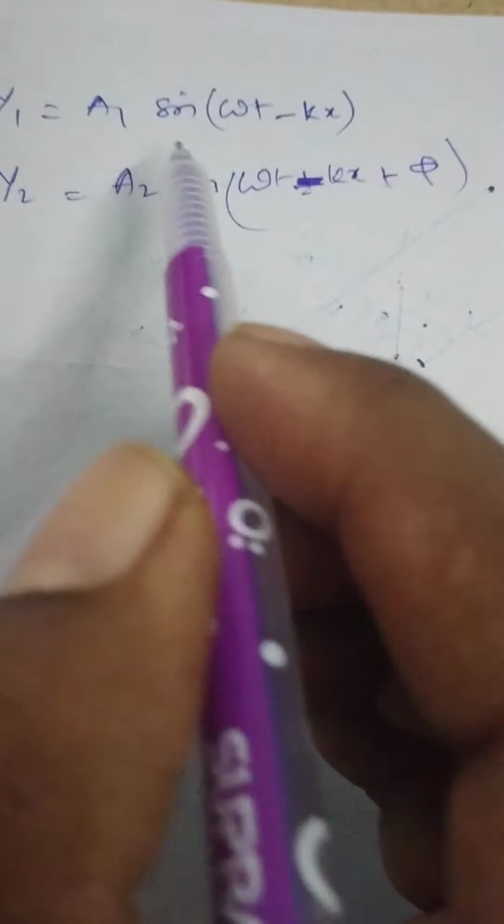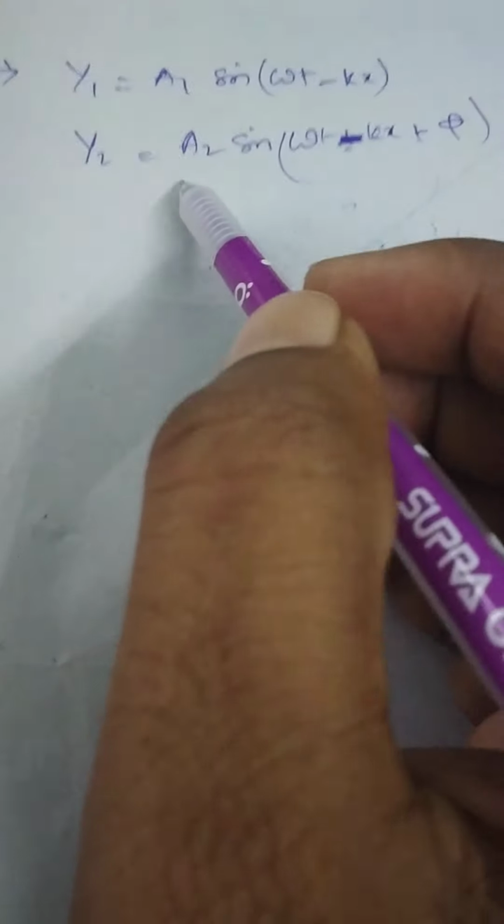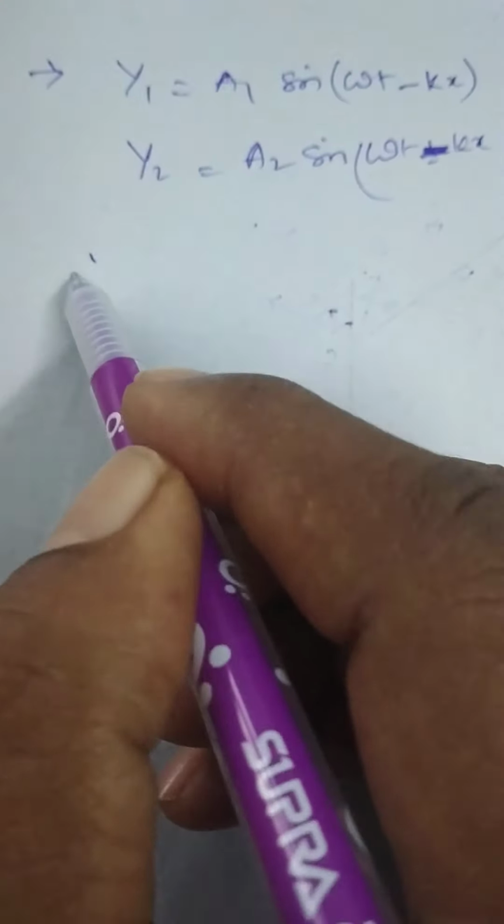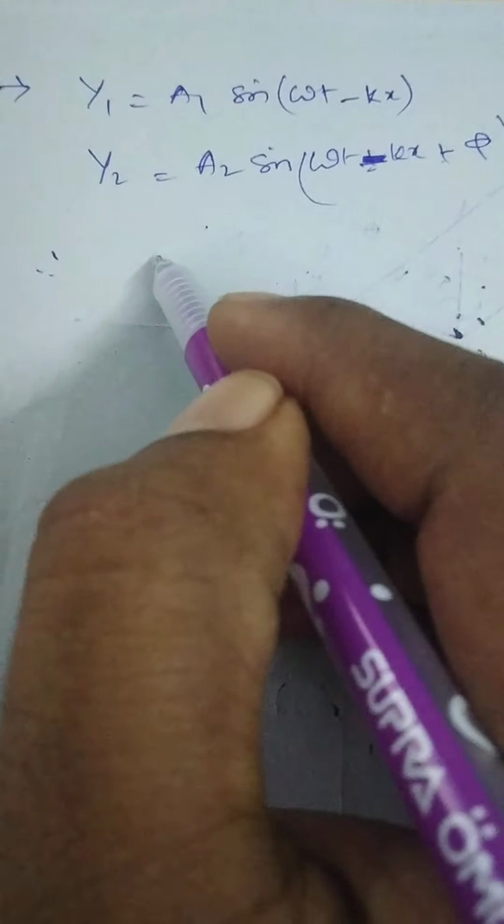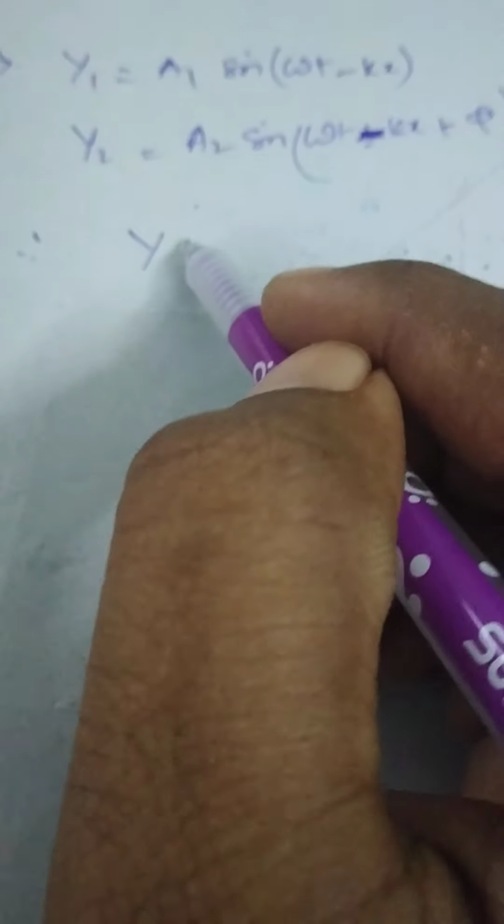Let these two waves move along the same direction and superimpose together. According to the principle of superposition, the displacement of the resultant wave y is equal to y1 plus y2.